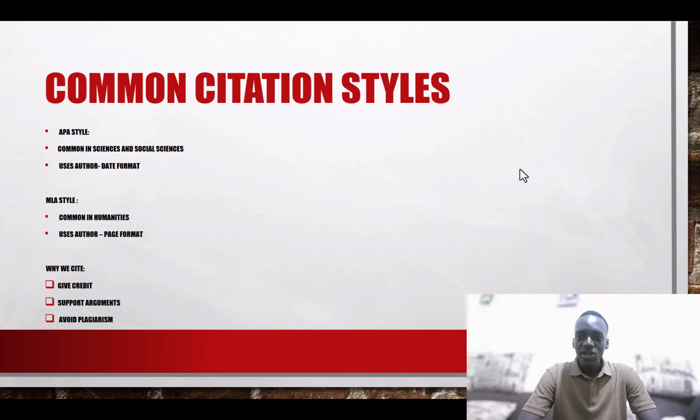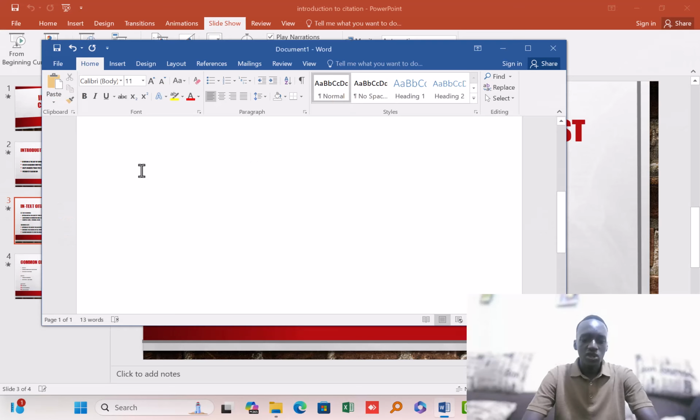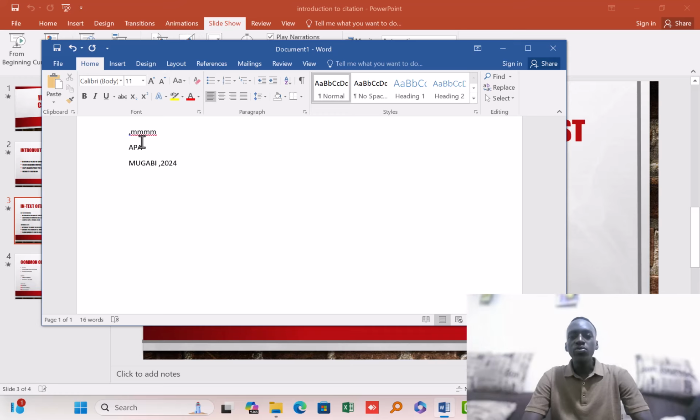Here is an example of the APA style. This is how it will appear: we use the author's name, let's say Mugabe, then we put the date right there. So we use the author's name and then the date of the publication of the work.